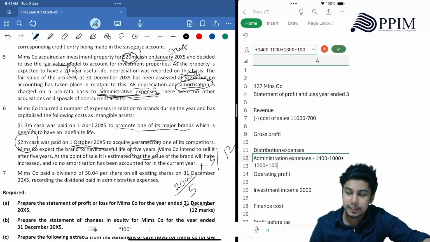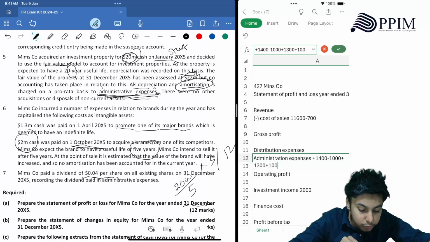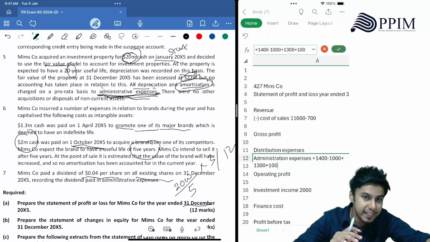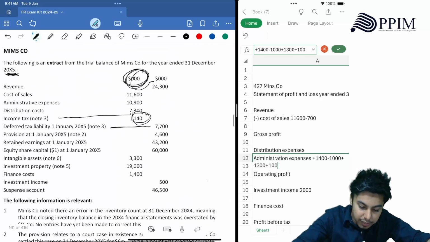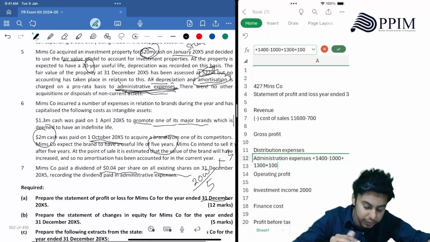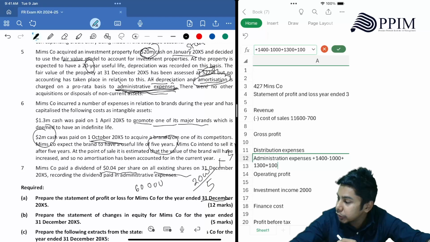Guys, now last part, then we're done with the big question. MIMS Corporation paid a dividend of 0.04 per share to all existing shareholders. Now don't make a mistake. When I started the question, can you remember, I have 60,000 shares in the company. After I started the question, did I issue any more shares?